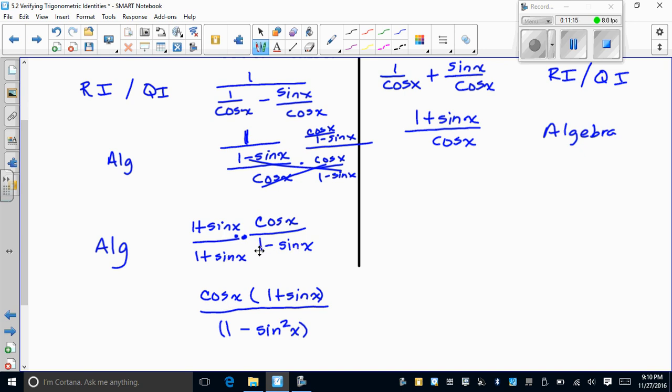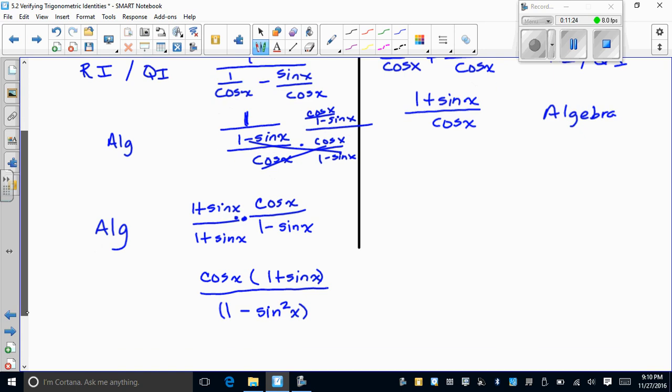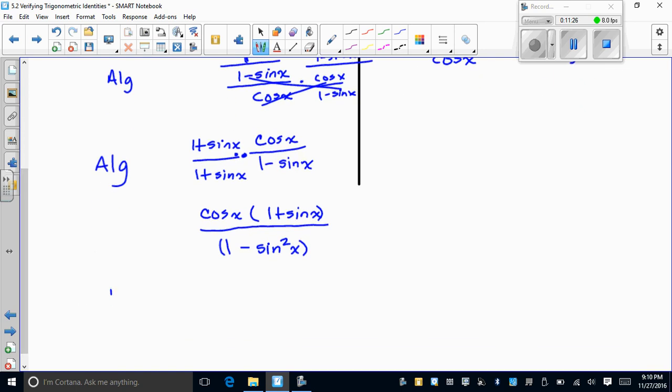They cancel out, and then sine squared. This is where I get to use my Pythagorean identity. 1 minus sine squared is cosine squared. Okay, so cosine of x times 1 plus sine of x over cosine squared.